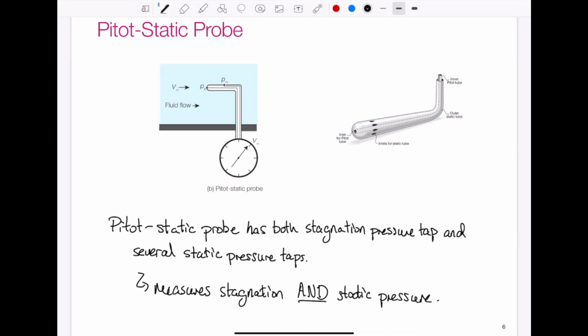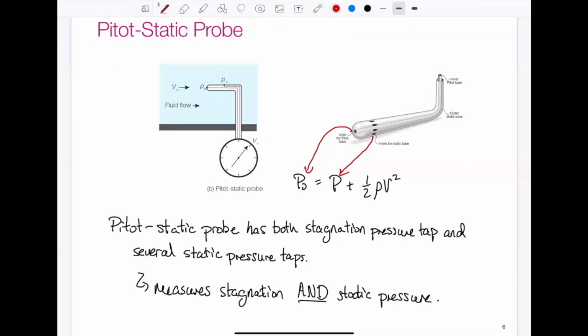So if we think of the equation that was used for stagnation pressure, we said stagnation pressure was equal to our static pressure plus 1/2 rho v squared. So a pitot-static tube can measure stagnation pressure, and it can also get an accurate measurement of the static pressure.